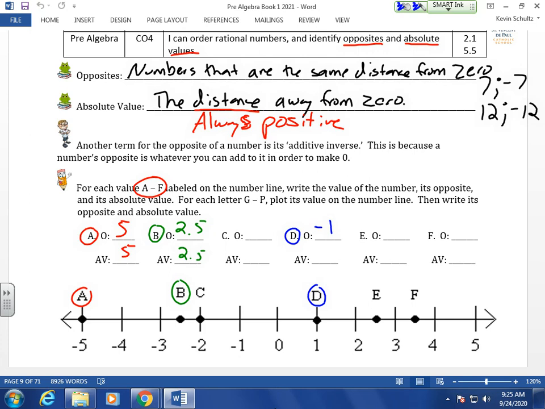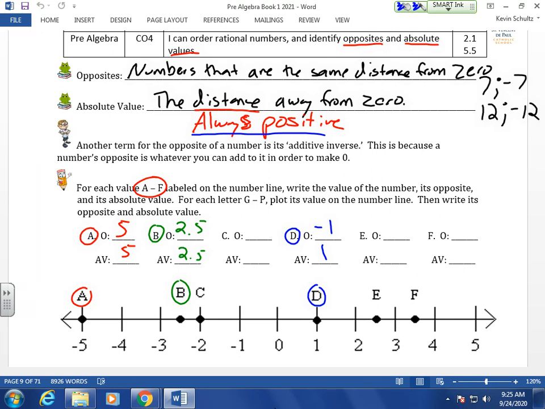However, what do we know about the absolute value of positive 1? How far is it from 0? Connor? How far is 1 from 0? 1. So even though our opposite's negative, our absolute value is still positive because it will always be positive. It is referring to a distance. How far is it from 0?